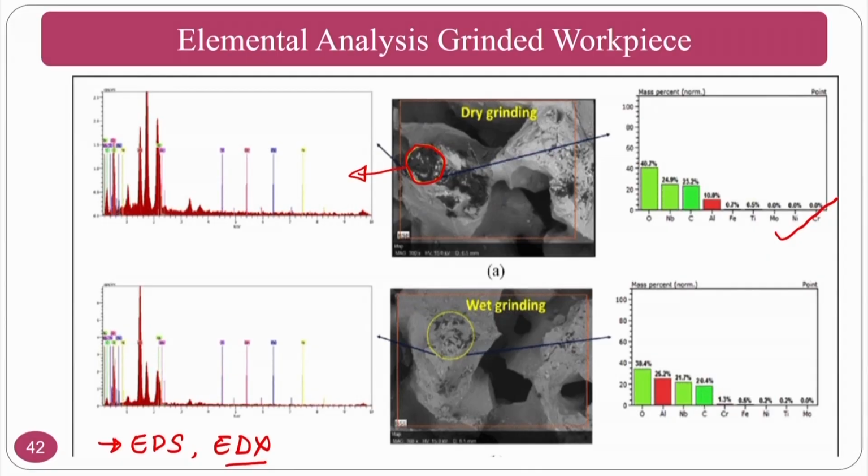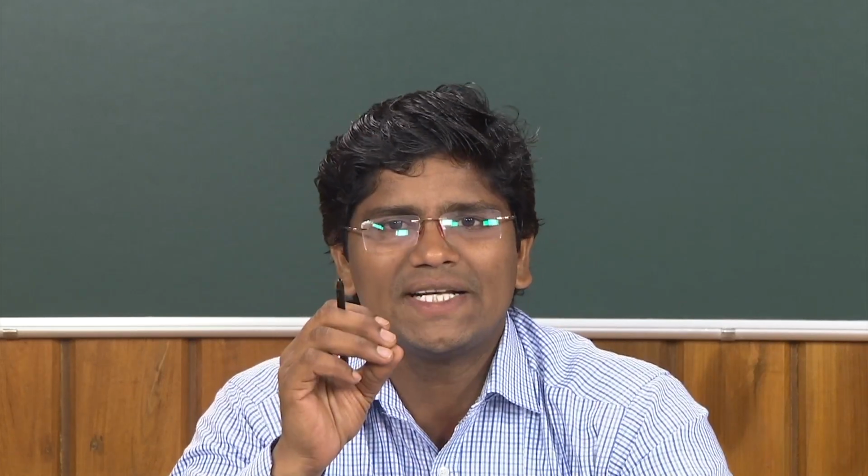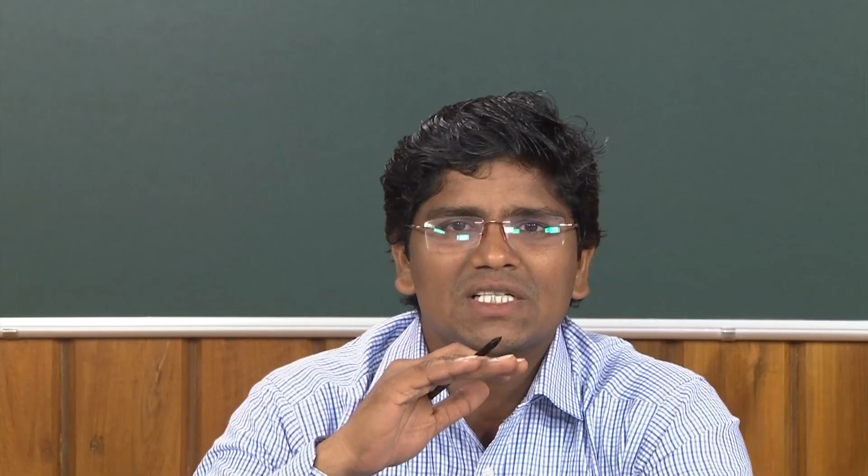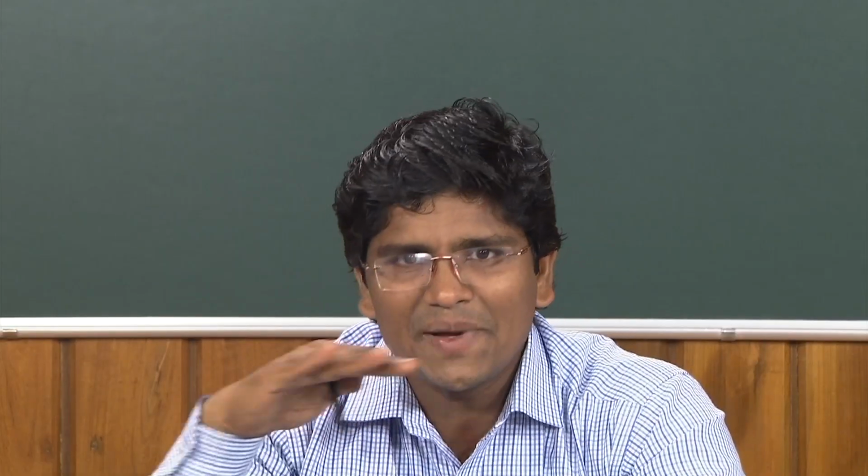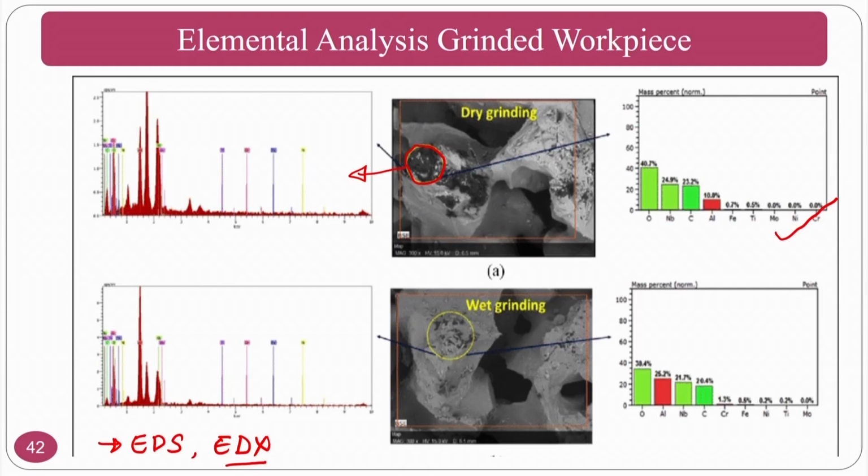Because the grinding operation is a very fast process and the temperature generation is so high, low melting point materials will go off, giving voids. In that circumstance, the traces of those low melting point materials may not be present, or will be in very small quantity, which is not in terms of the parent material. For that purpose, you should understand the metallurgical aspects also.